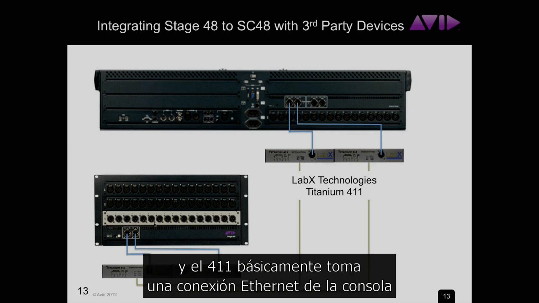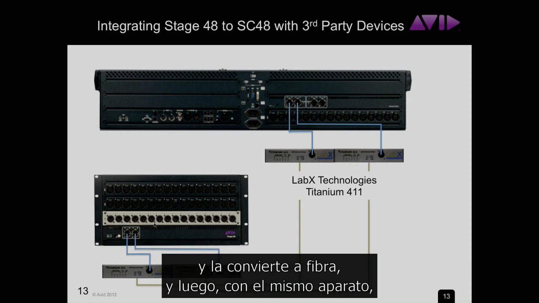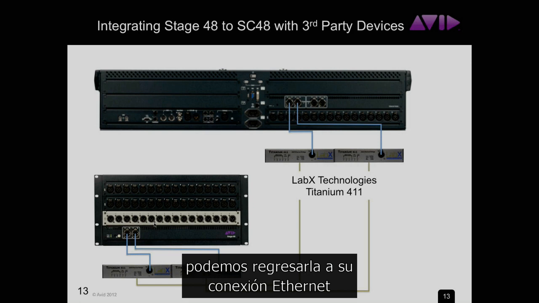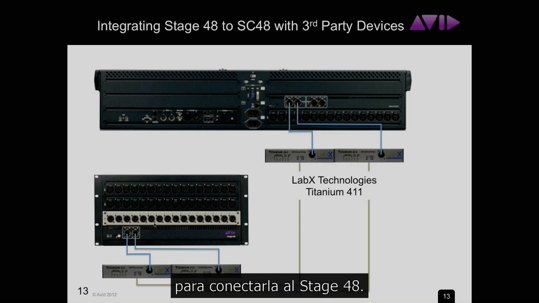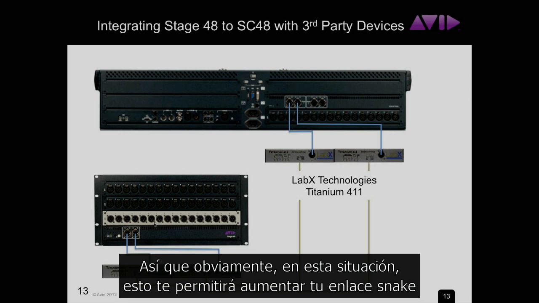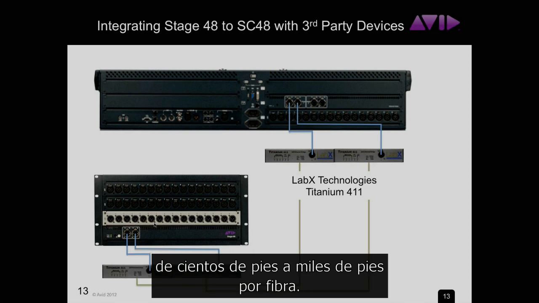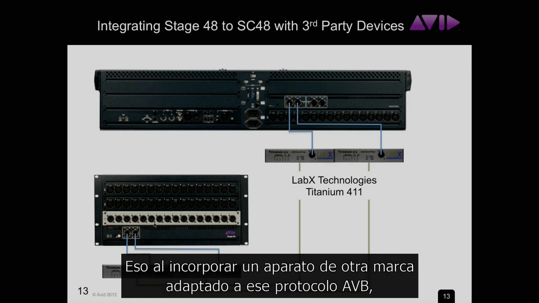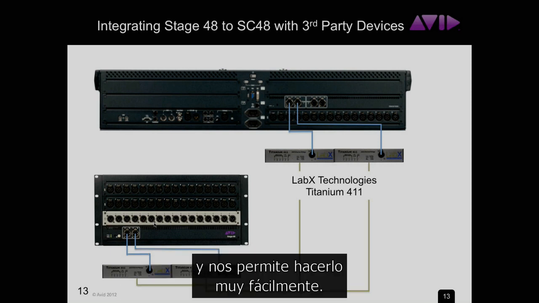And the 411 will essentially take an Ethernet connection from the console and convert it to fiber. And then through the same device, we're able to return it back to its Ethernet connection for connection to the Stage 48. So, obviously in this situation, this would allow you to increase your snake length from literally hundreds of feet to thousands of feet down fiber. So that's incorporating a third-party device that fits into that AVB protocol and allows us to do that very easily.